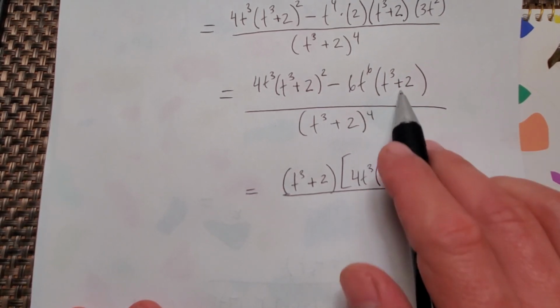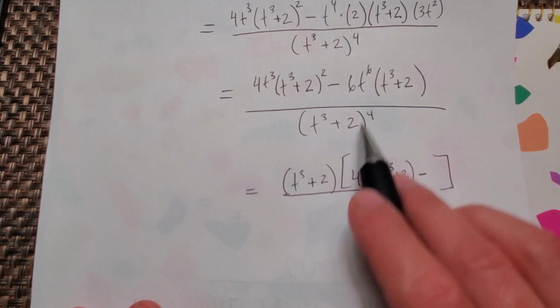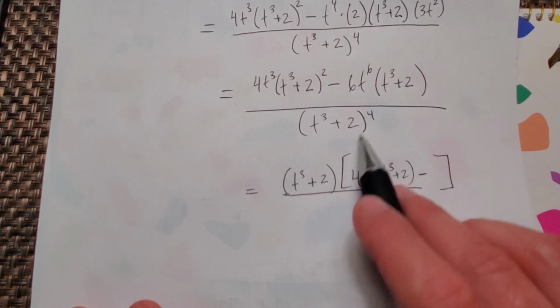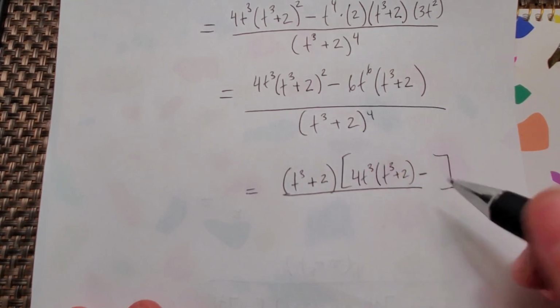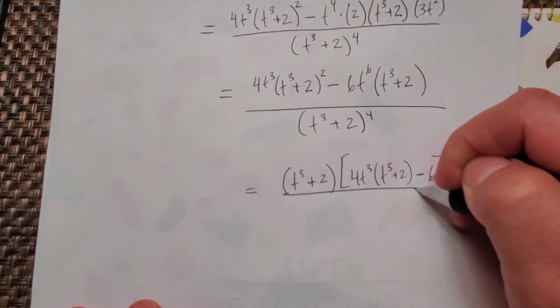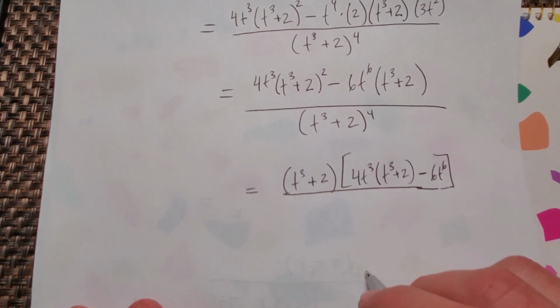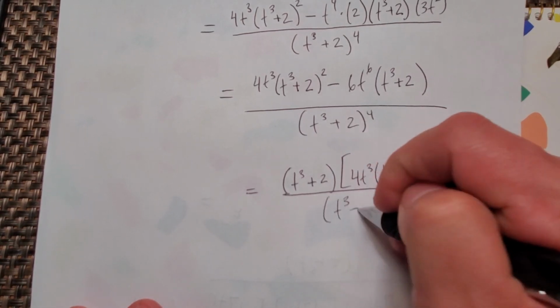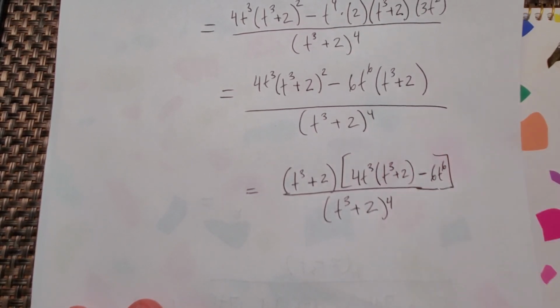Minus, if I take this second term and divide out t cubed plus 2, that just goes away, and I'm just left with 6t to the 6th power all over t cubed plus 2 to the 4th.